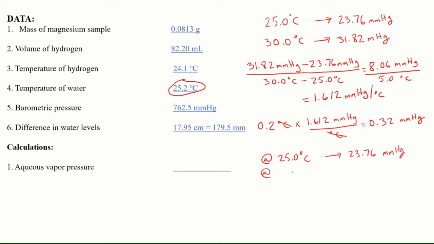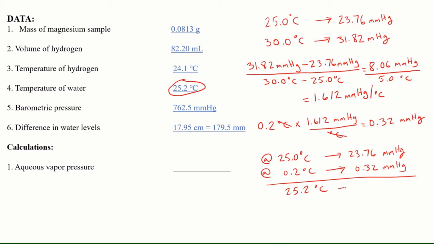If I add 0.2 degrees Celsius to it, that will increase the pressure by 0.32 millimeters of mercury, and that will give me a temperature of 25.2 degrees, which is my water temperature.